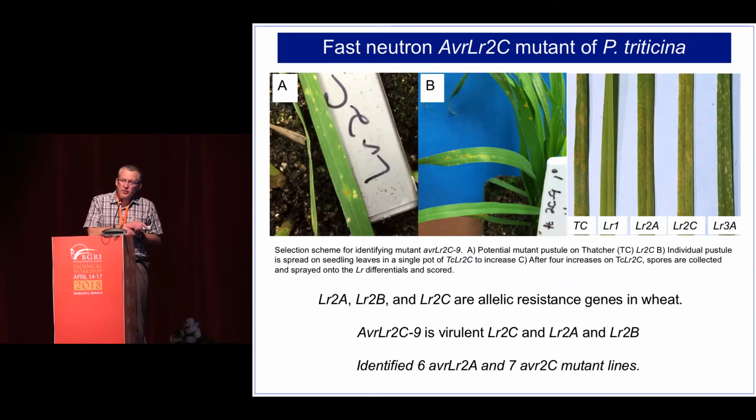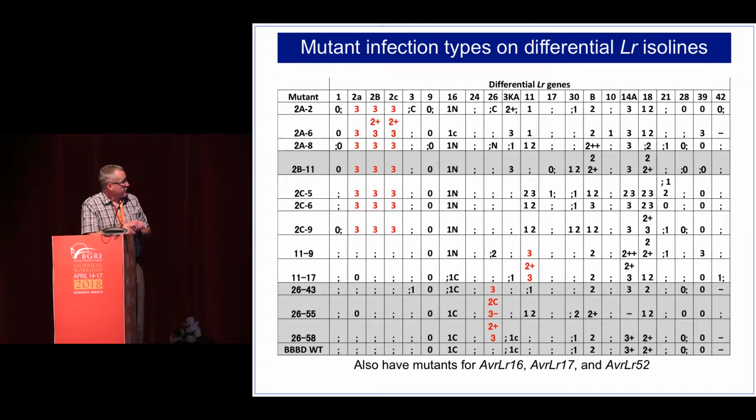So we know that Lr2A, 2B, and 2C are all allelic, or they're on 2D. Through all this, I've identified 6 mutants that are virulent on 2A, and 7 that are virulent on 2C. This shows the complete set of the differential lines, and I've highlighted in red the lines that have high virulence.